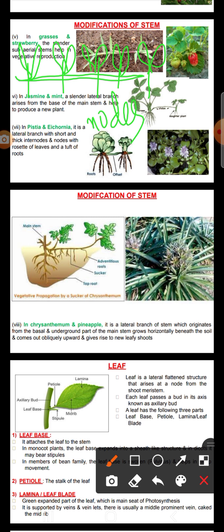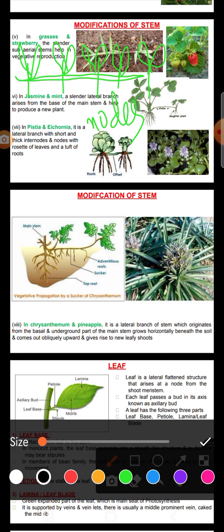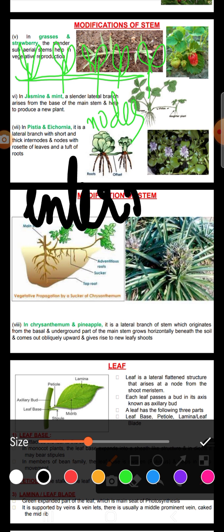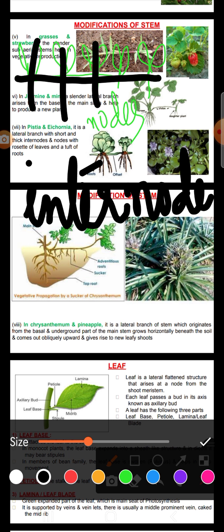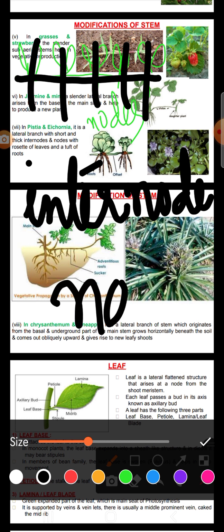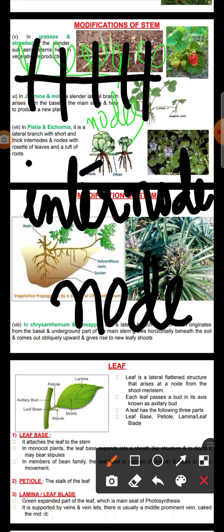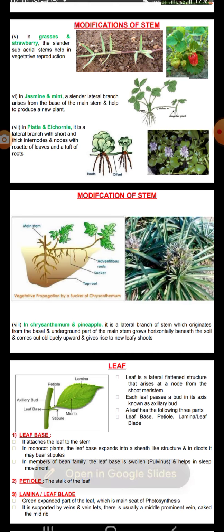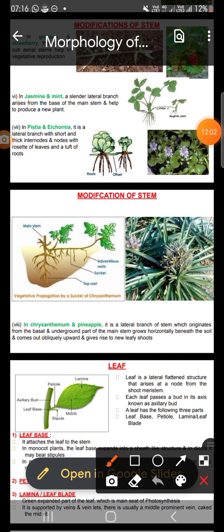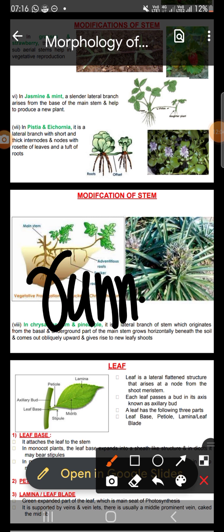The space between two nodes is called an internode. So wherever the plant is growing, that is the node. And such stems which are running on the ground, we call them runners.